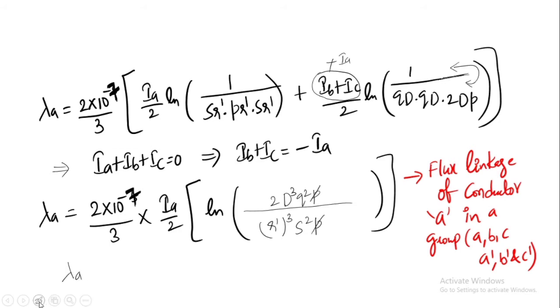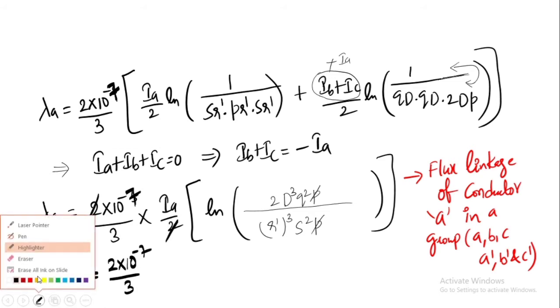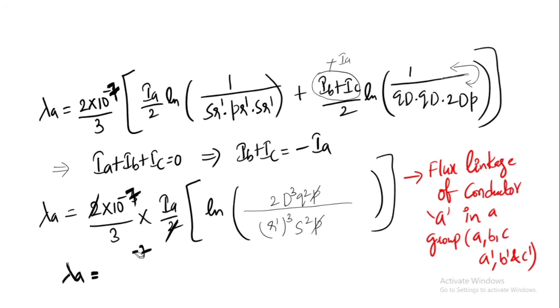Okay, let me take the highlighter. You will get lambda A as 2 into 10 power minus 7 by 3. Let me cancel these two also, so that the burden will get reduced further. Now what you will get?